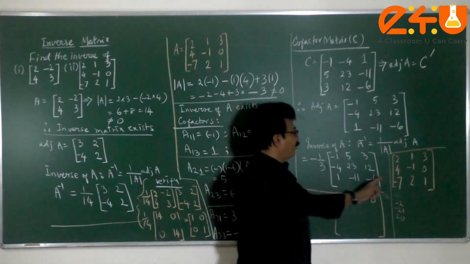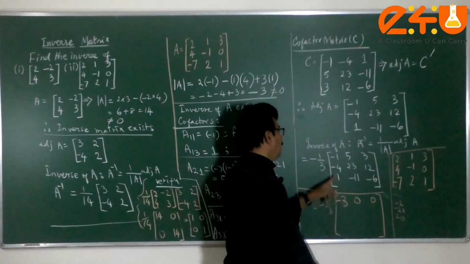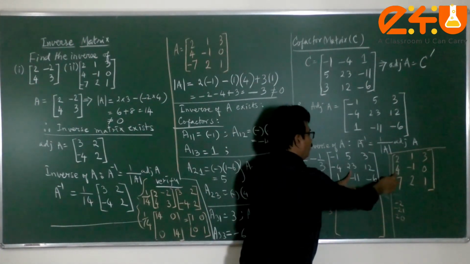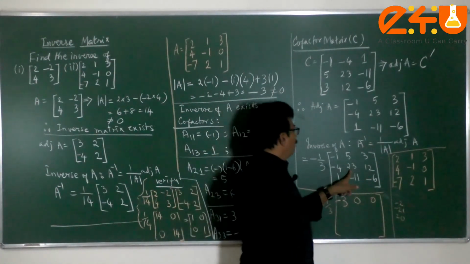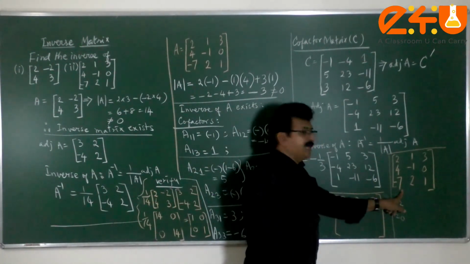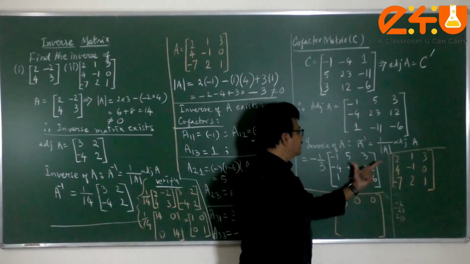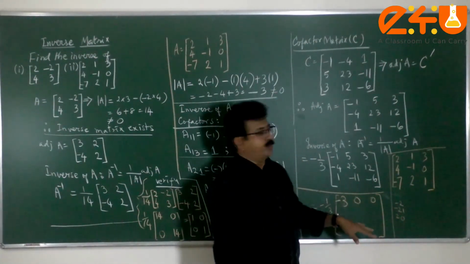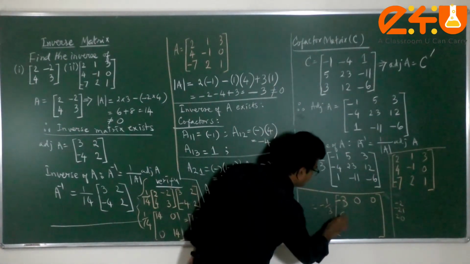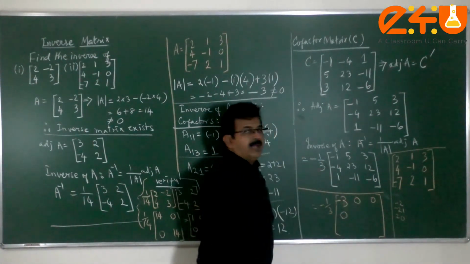What about second row, column 1, minus 8, 23 times 4, that makes 92, and 12 into minus 7, minus 84. So, minus 84 minus 8 and positive 92 makes 0. And that's brilliant.